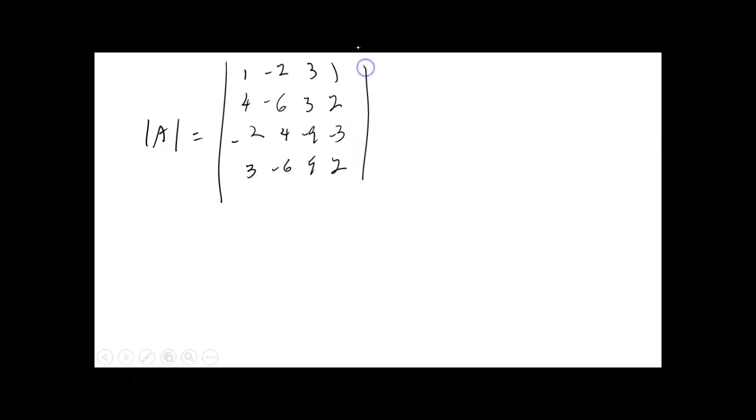Okay, what if I told you you had to do the determinant of that matrix, or you could do, if you prefer, the determinant of this matrix. It's all determinant.